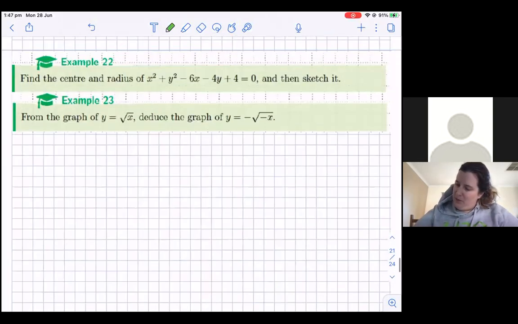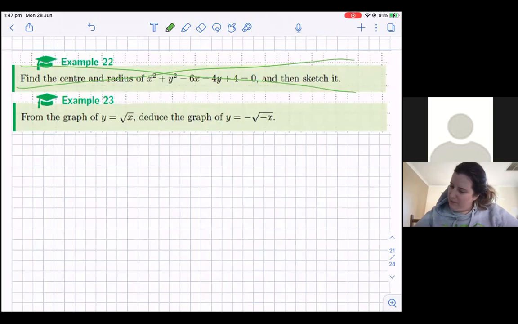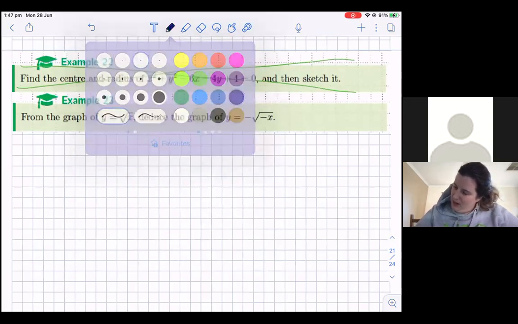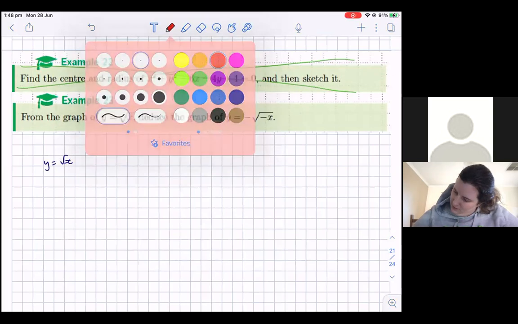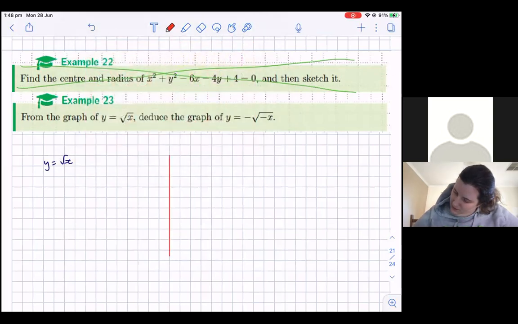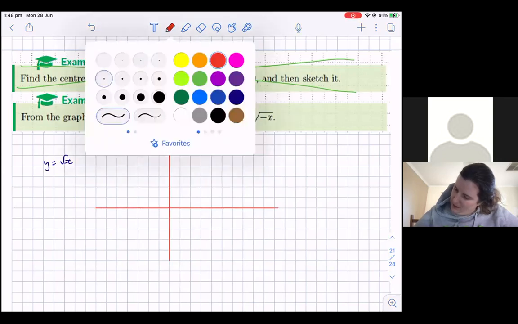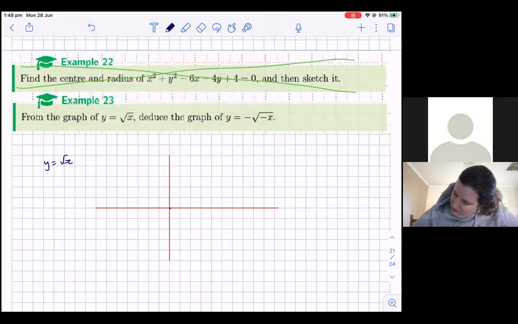Okay, we're not going to do example 22 because we just did a whole bunch like that. We're going to do example 23. So if we've got y equals root x, that's a lovely one. That looks like this.